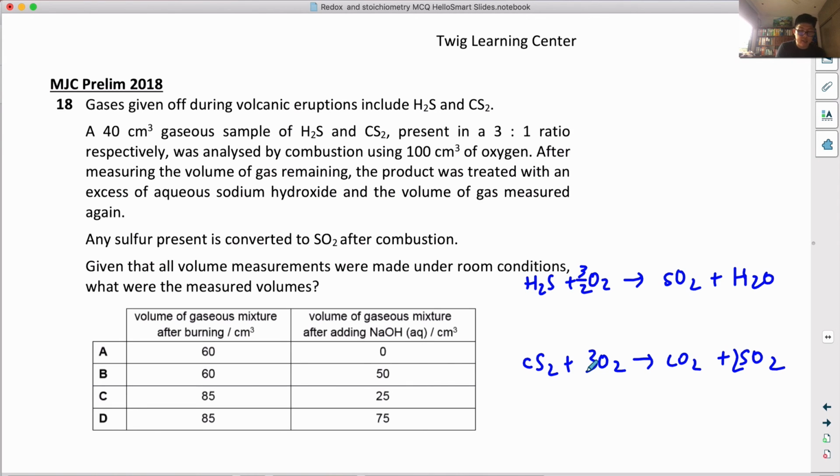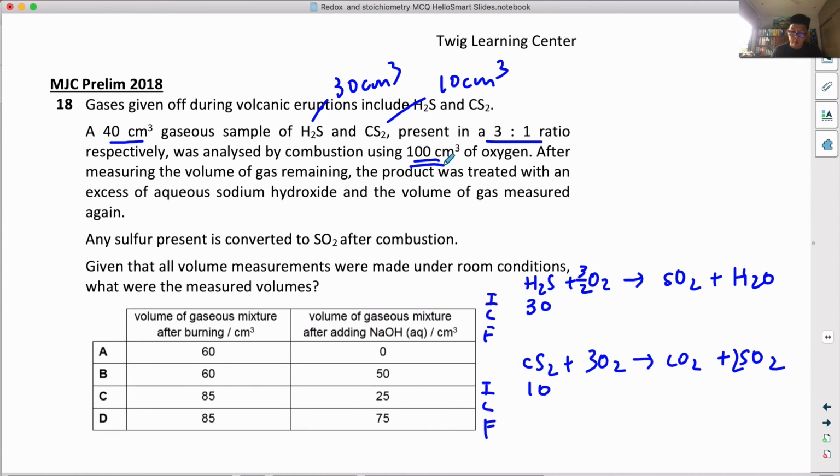So 40 cm cube of this sample and the ratio is 3:1, which means there's actually 30 cm cube of H2S and 10 cm cube of CS2. So I'm going to write down ICF, but all these are in terms of volume. So this will be 30, and this is 10. They say it was analyzed by using 100 cm cube of oxygen.